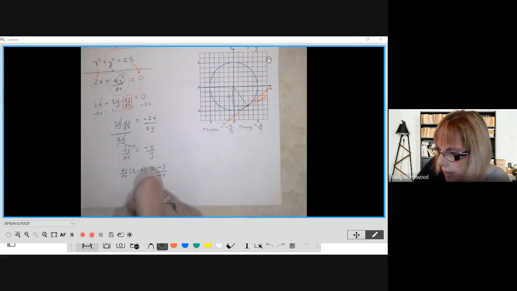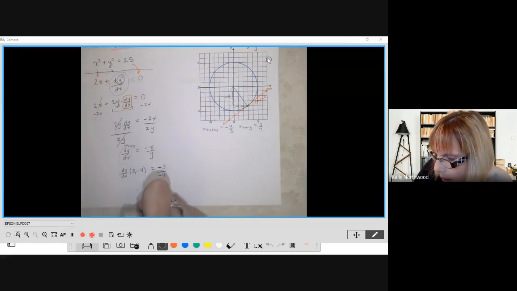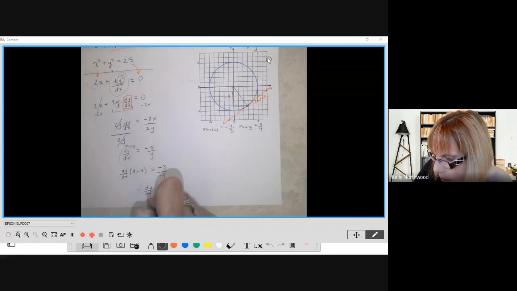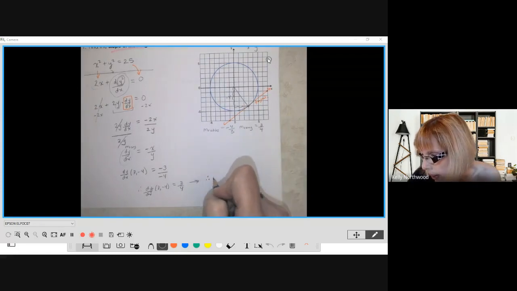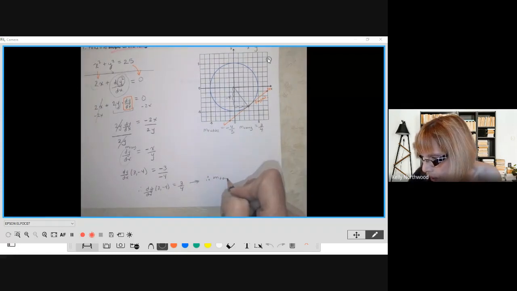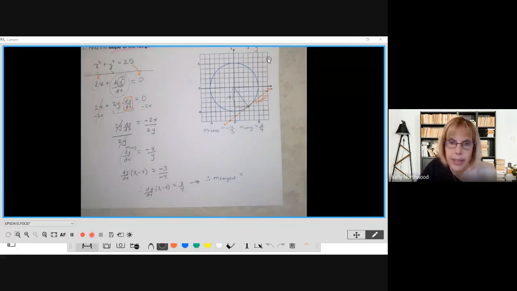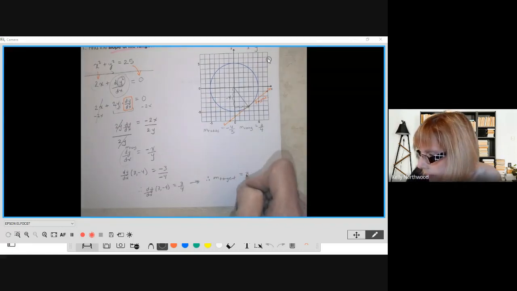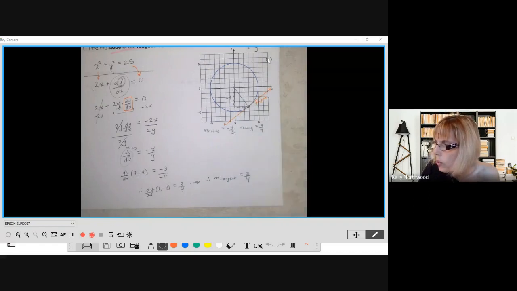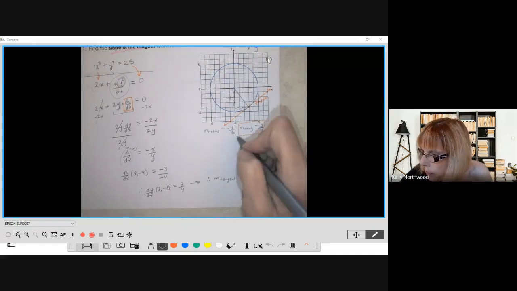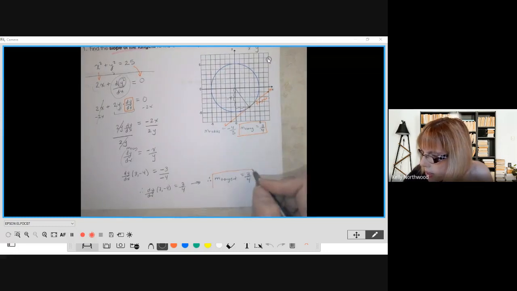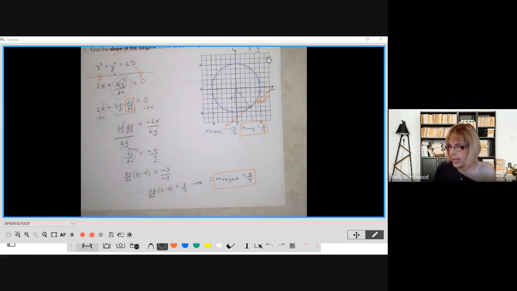The two negatives divide out, and therefore the slope of the tangent at (3, -4) is positive 3/4. Or I always like to then write m tangent, so I'm showing that I know it represents the slope of the tangent, is 3/4, which is the same as what we got when we just used the property of circles, that the tangent is perpendicular to the radius at the point.